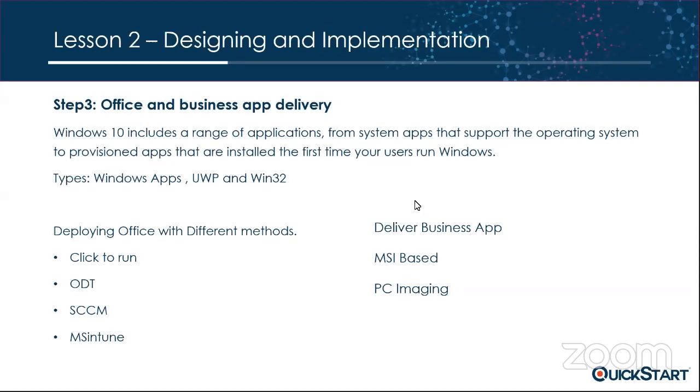Windows 10 includes a range of applications, as I told you before. And there are many more applications which I showed you in the scope, many more applications you can download and use. Windows 10 includes a range of applications from the system apps that support the operating system to provisioned apps that are installed the first time your user runs Windows.